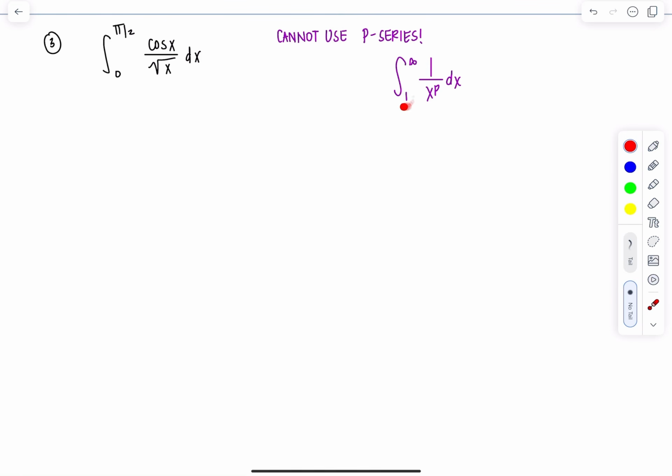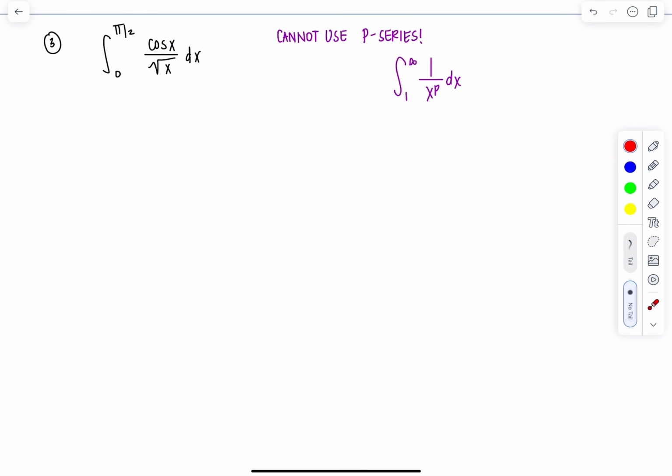You could change it so this limit goes 2 to infinity, 3 to infinity, whatever. It cannot go 0 to infinity because then the denominator would be undefined. So only use p-series if you have a constant. Usually it's 1 to infinity. This is not that.